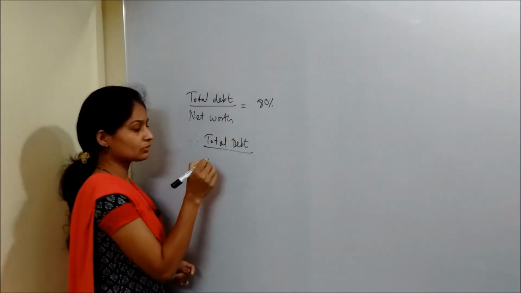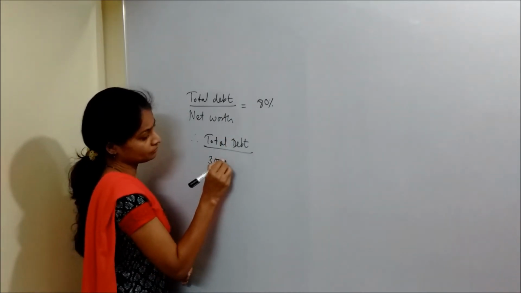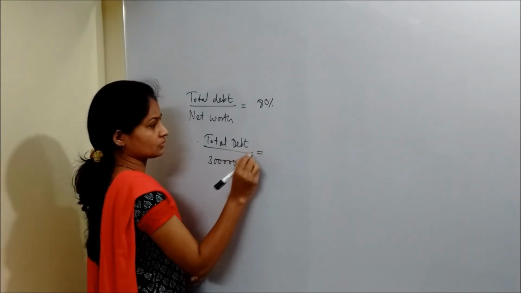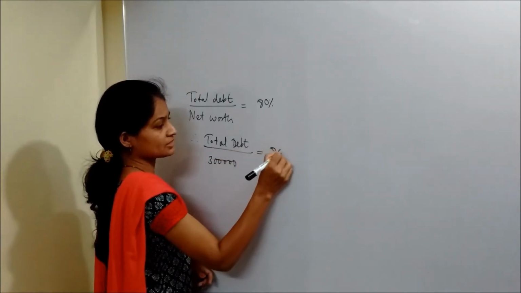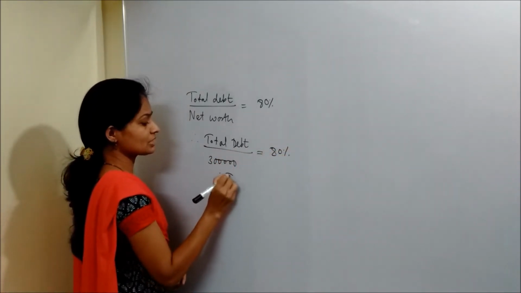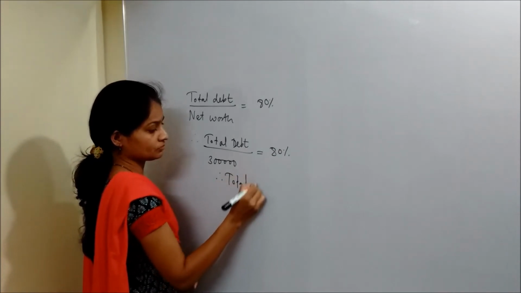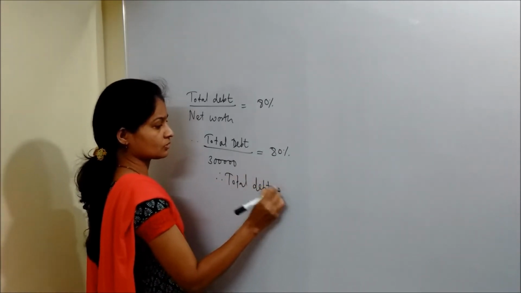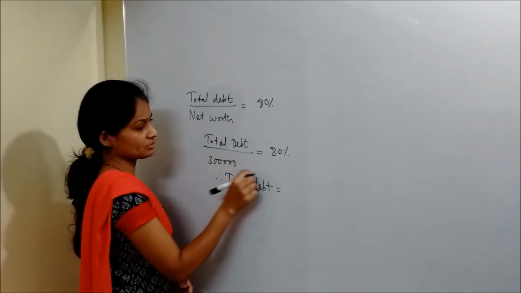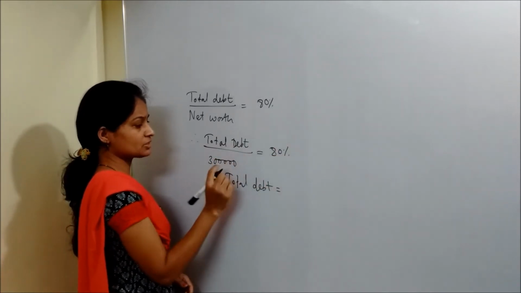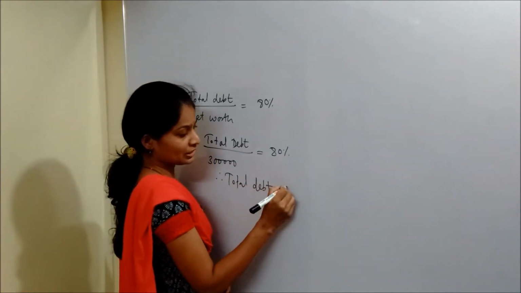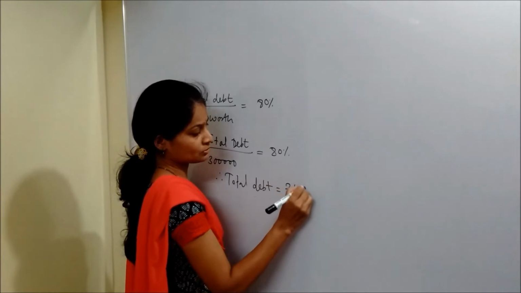Net worth we have found out amounts to 3 lakh. So 80% as it is I am writing, so you can easily find out total debt. Keeping this as it is, I am transferring this to this side. So 80% of 3 lakhs, the total debt comes to 2,40,000.